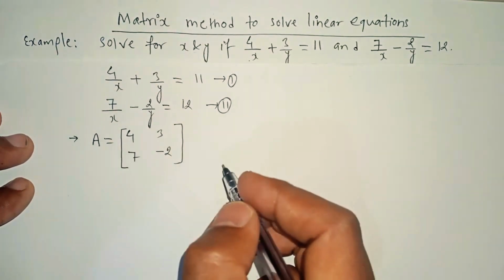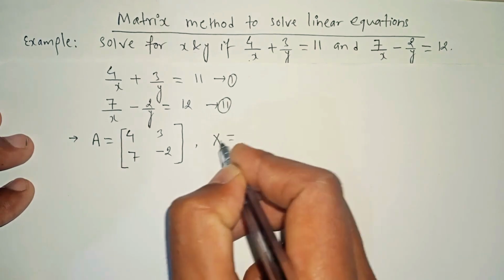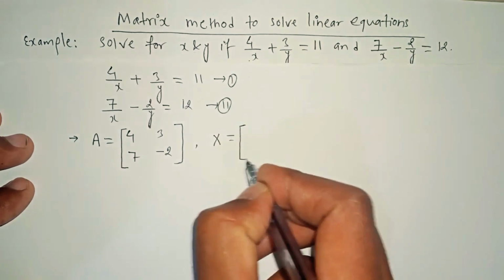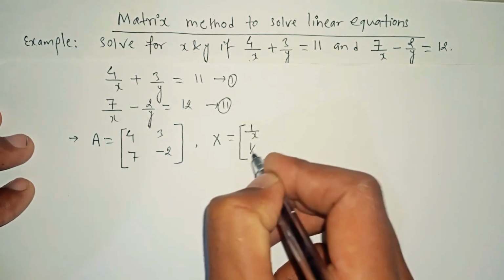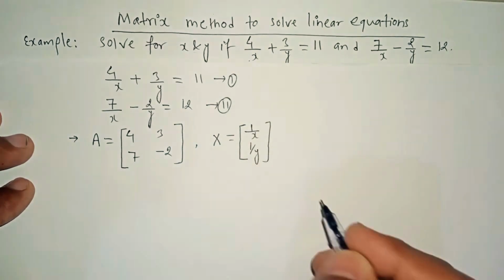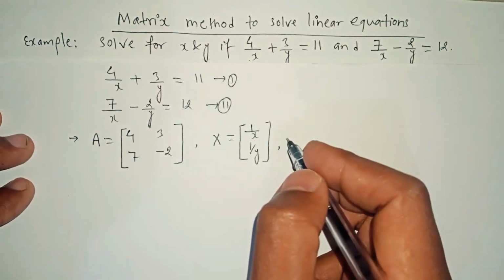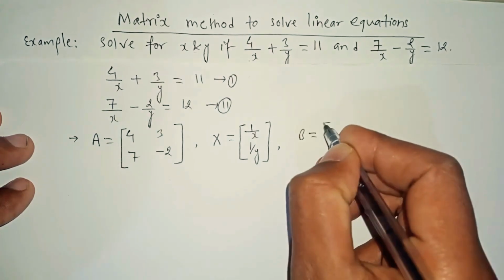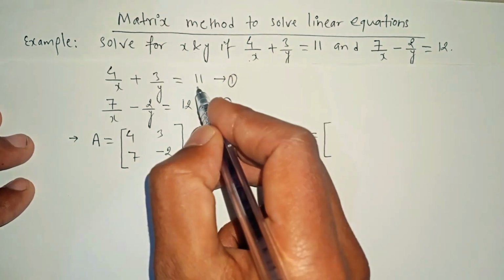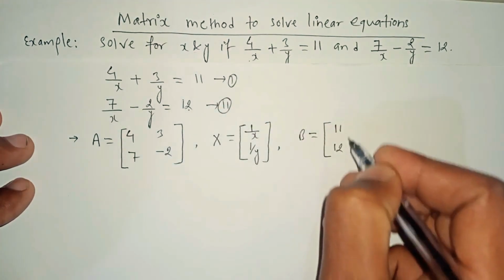This is the coefficient matrix. Another matrix is the variable matrix. Let's suppose the capital X, and the variables are 1 over x and 1 over y. And the next matrix is the constant matrix. Let's suppose the constant matrix is B, which has the constant numbers 11 and 12.